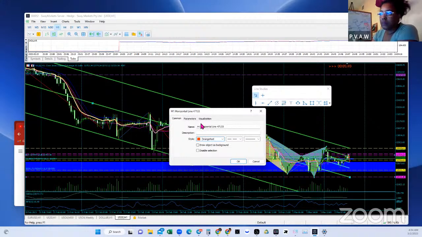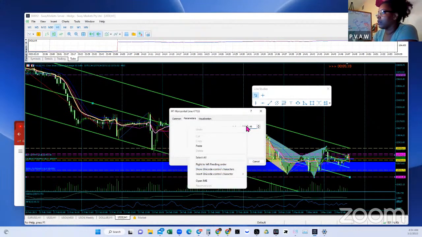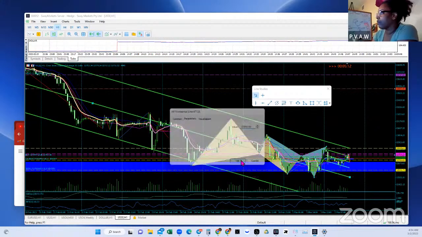Copy 33555.85. The market is going back up right now, you guys. That's why I haven't gone back down. Paste 33555.85, right?